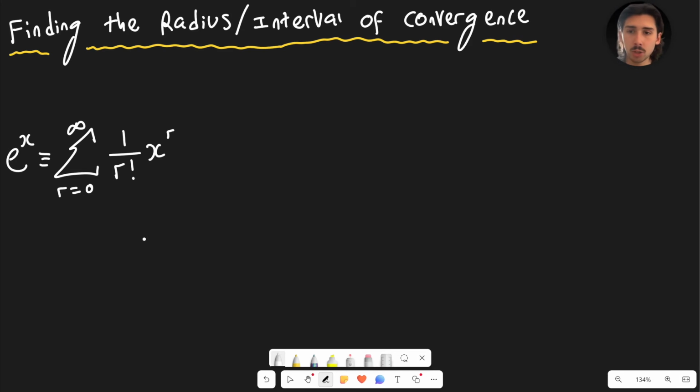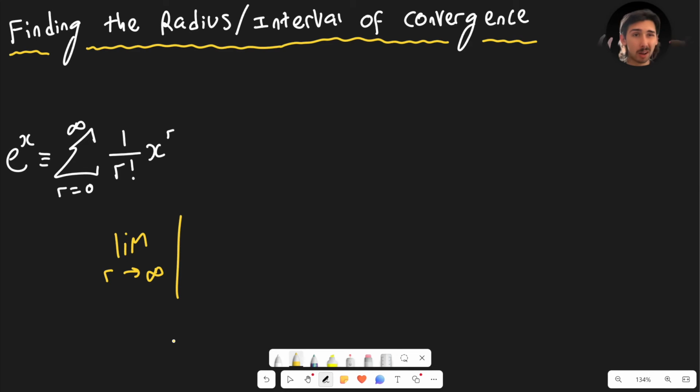So I'm going to consider, in a different color here, the limit as r approaches infinity of the absolute value of the ratio between the next term and the previous term that you're on.